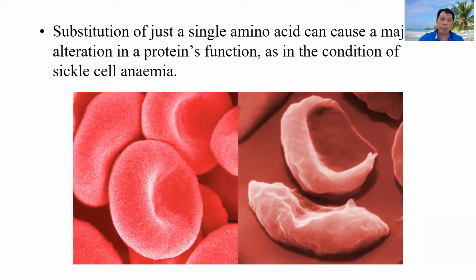For example, here is sickle cell anemia. This is the normal shape of the red blood cell, with normal hemoglobin. When one amino acid in the polypeptide changes, the three-dimensional shape of the hemoglobin also changes. So the red blood cell takes on the sickle shape.